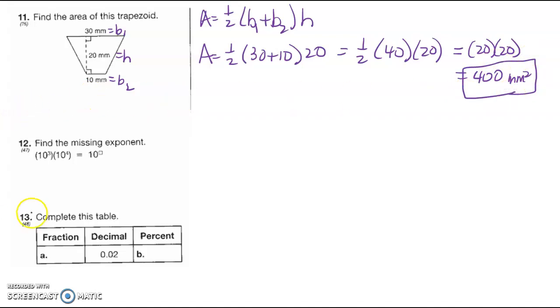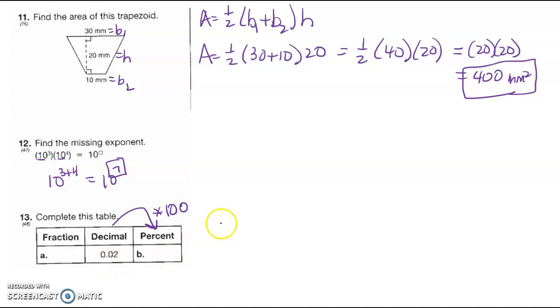Find the missing exponents. So we know that when we multiply with the same base, we add the exponents. So this is 10 to the 3 plus 4, which is 10 to the 7. Okay, so to go from decimal to percent, we multiply by 100.